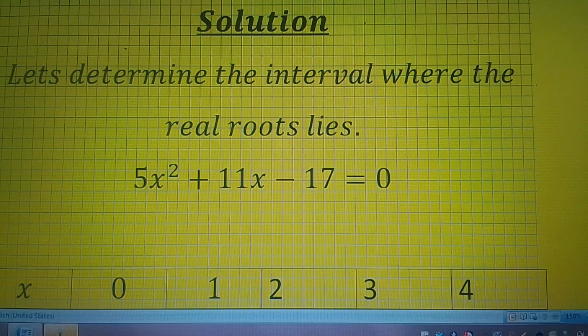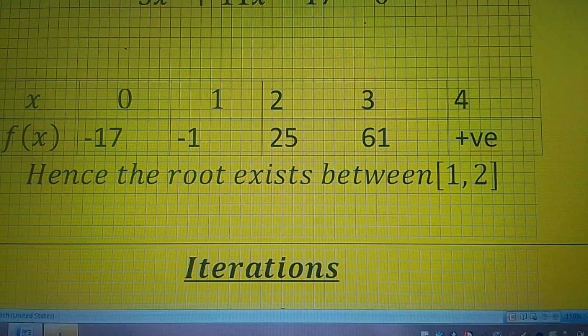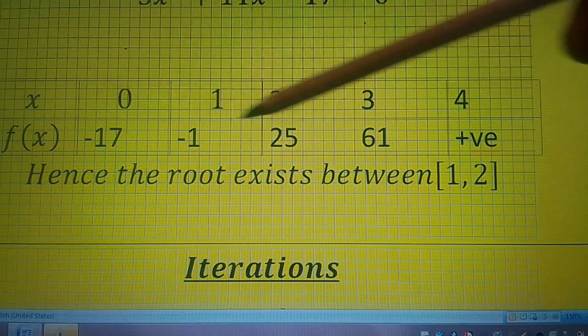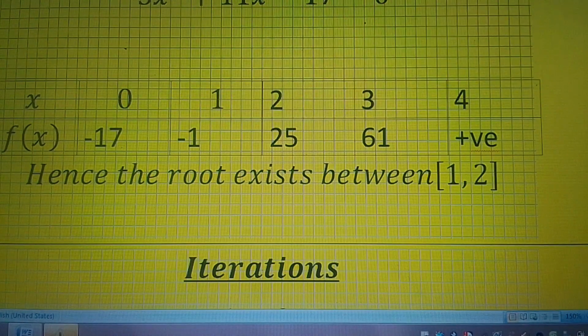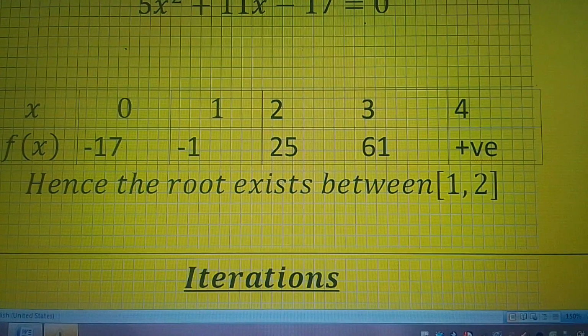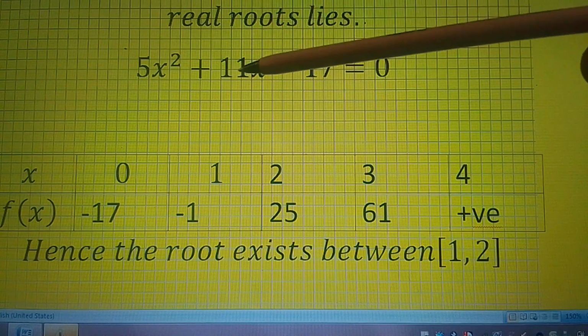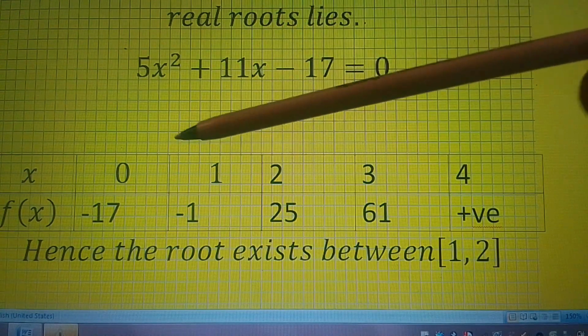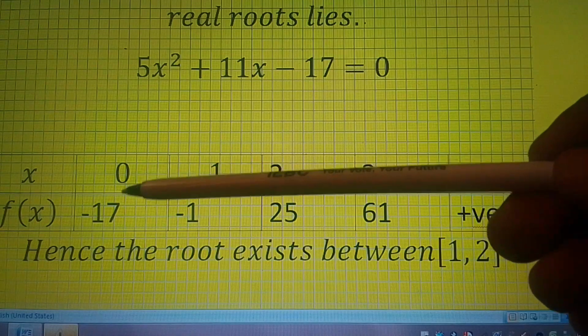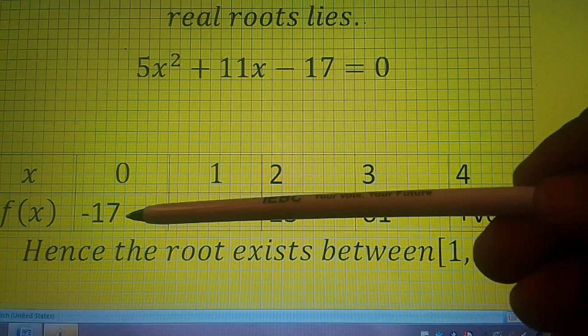To get the interval, we know that at the location of a root there is a change of sign, either from positive to negative or negative to positive. Let's have a table with the value of x, and then get values of f of x. Using 5x squared plus 11x minus 17: when x is 0, f of x is negative 17.